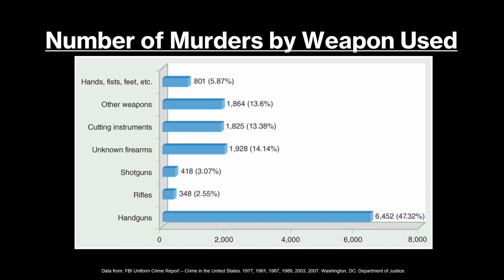So when we think of homicides, we think of weapon usage. And there's some really cool data to look at around weapon usage and homicides. So here's a breakdown of weapon usage from the UCR.